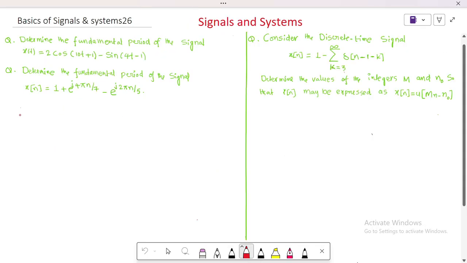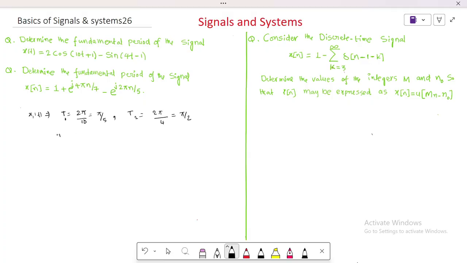So here next, determine the fundamental period of the signal x of t. This is the sum of the two signals, is it? So x1 of t has time period T1 equal to 2 pi by 10, that equals pi by 5. Next T2, 2 pi by 4, that equals pi by 2.